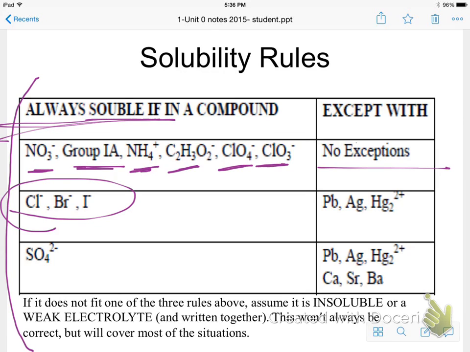Chlorides, bromides, and iodides are usually soluble unless they contain lead, silver, or mercury. And the sulfates are often soluble unless they contain one of those or calcium, strontium, or barium, which lie one above the other in the periodic table. Okay?